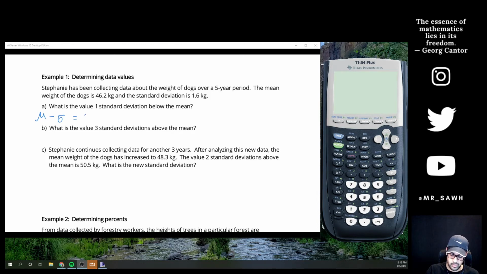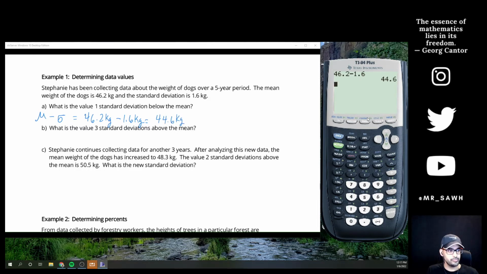So if I take my average of 46.2 kilograms and we subtract one standard deviation, I'm going to be able to find out what the value is that's one standard deviation below. So if we do 46.2 minus 1.6, well, now I know that that other value is going to be 44.6 kilograms.